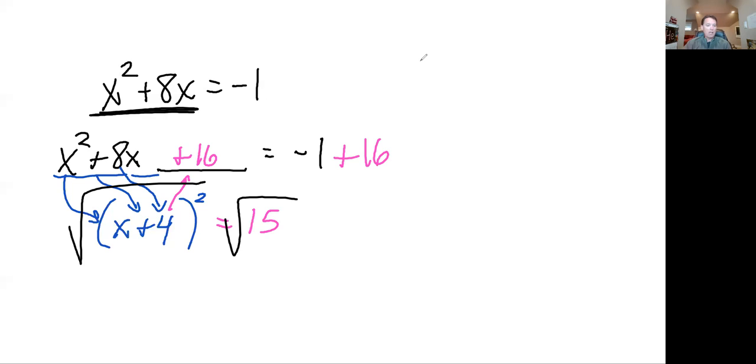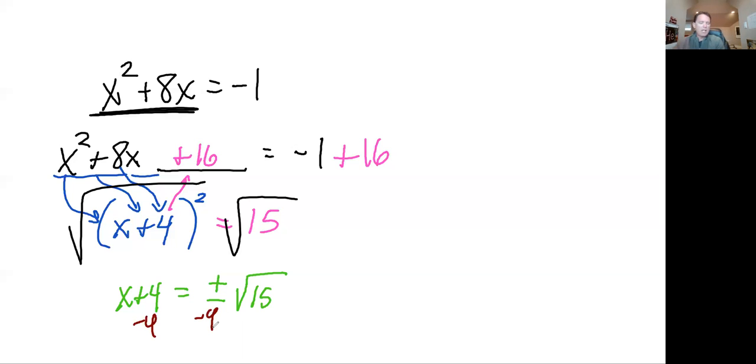So I take the square root of both sides, I get x plus 4 on the left, but what happens with that square root? Plus or minus the square root of 15. And now I should know to subtract 4. Subtract 4.